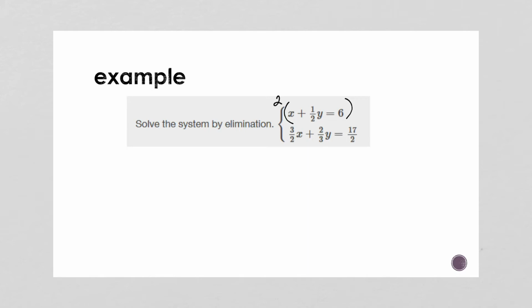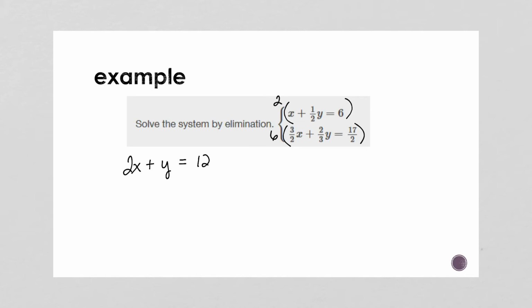So if I multiply everything by 2, I get 2x plus 2 times 1/2 is 1. All right, and for the bottom equation, we need to look at what the common denominator is between 2, 3, and 2, and that's going to be 6. So we're going to multiply by 6, and that will get rid of all of these fractions.